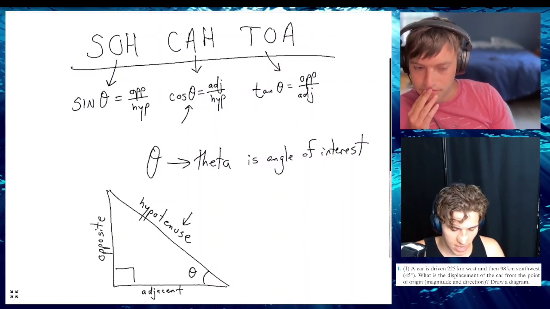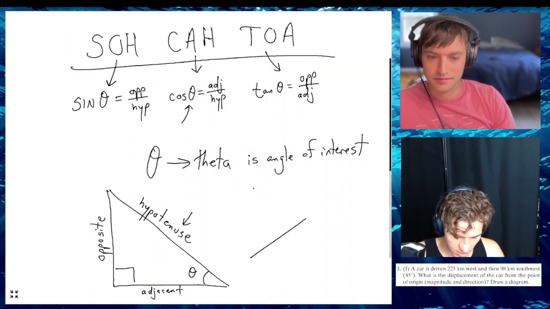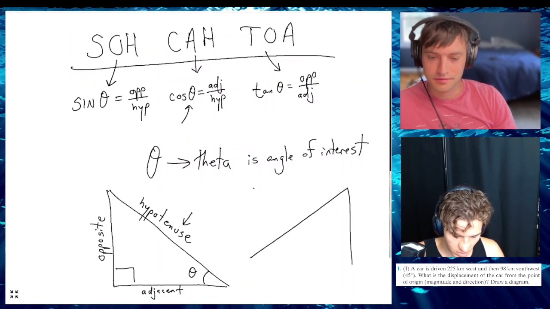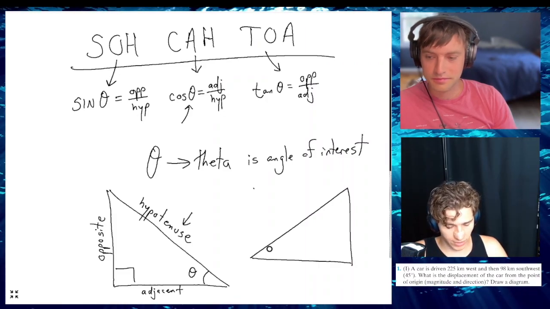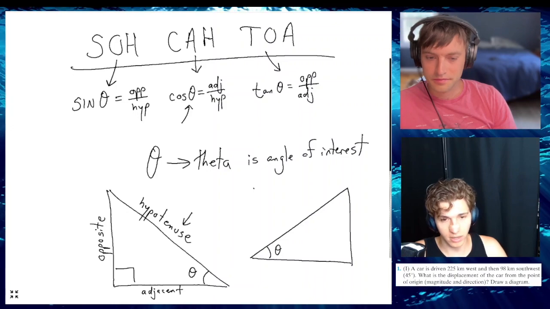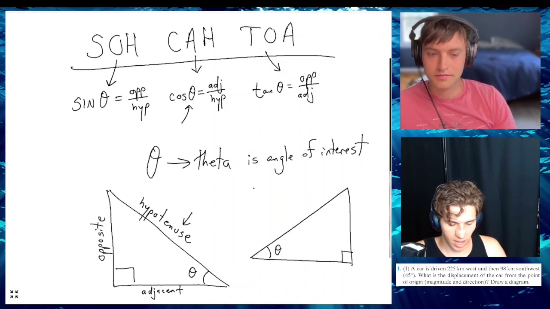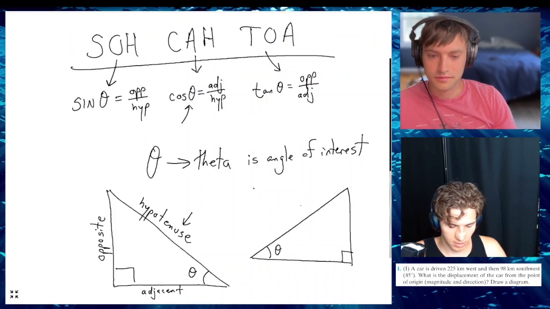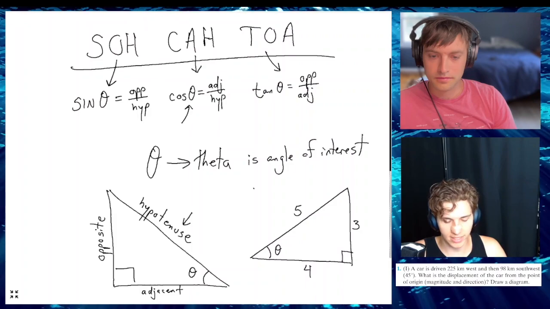Let's do a quick example of this. Let's flip it up just a little bit to show that you don't really care about the orientation of the triangle itself. I'm going to put the angle of interest here. We know that this is our 90-degree angle. Let's say that our hypotenuse is 5, the opposite is 3, and the adjacent is 4.